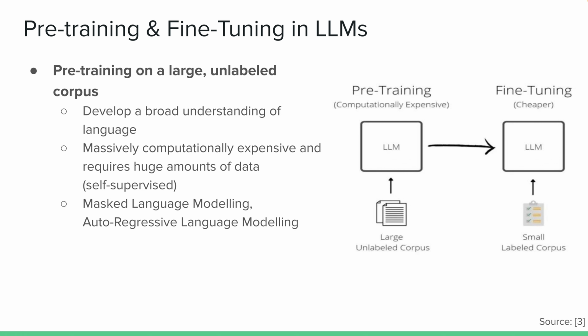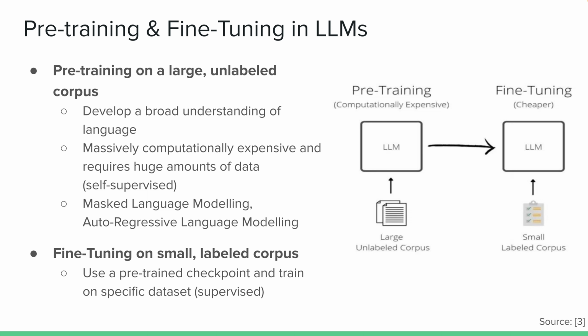However, this stage is computationally expensive and requires a vast amount of data, sometimes trillions of tokens. Training models at this scale can cost millions of dollars, which is why pre-training is often done by large corporations or large research institutions.